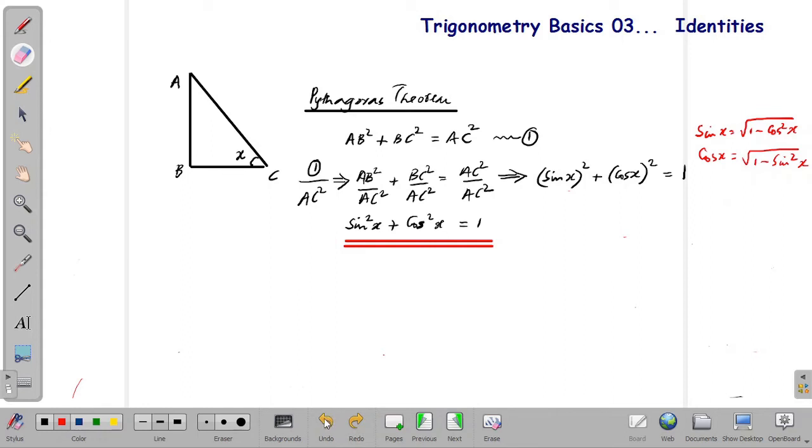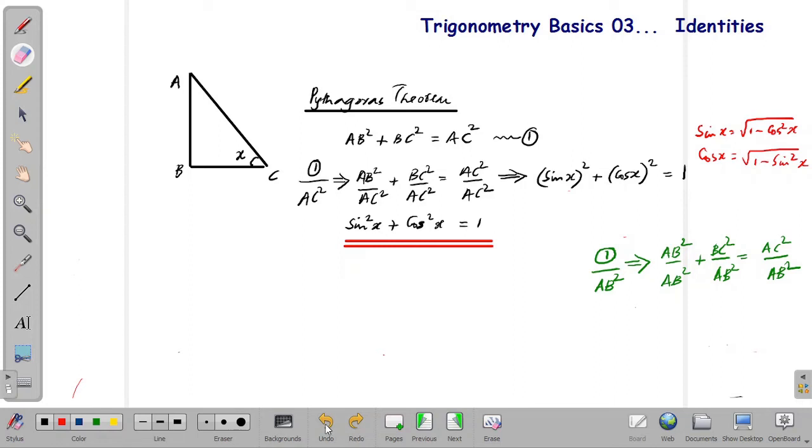Now we divide equation number 1 by AB square. See, in the first case, we divided equation number 1 by AC square. Now we divide equation number 1 by AB square on both sides. What we get? AB square by AB square plus BC square by AB square is equal to AC square by AB square.